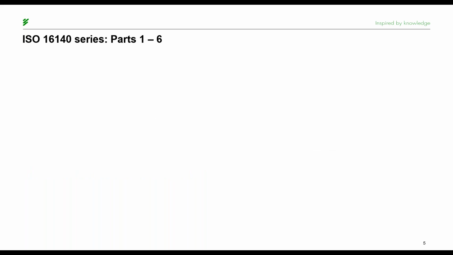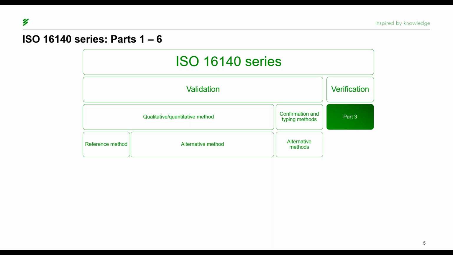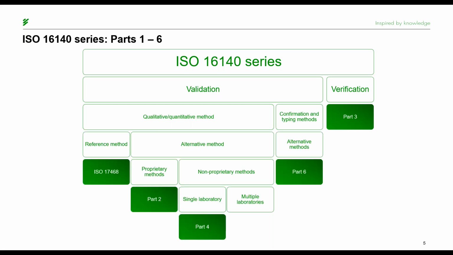So we have the ISO 16140 series of standards, and in it we find protocols for both the validation and the verification of different methods. For the verification, if this is what we are looking for, then we would go directly to part 3, and that would be the only one that would apply to perform a verification.